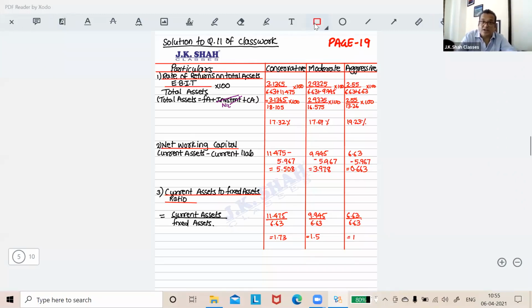Can you see the lowest working capital over here? Write that in the bracket: 0.663 crores. Net working capital position is maintained at lowest. Also, the ratio of current asset to fixed asset is minimum.